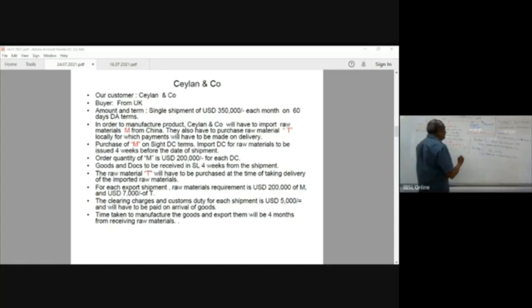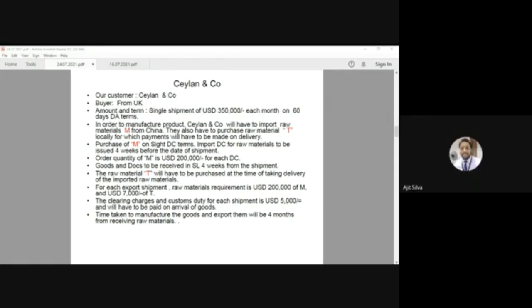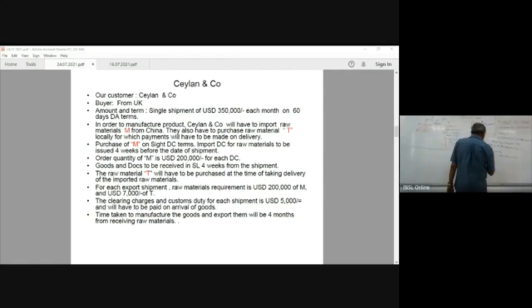Right? Then facility 5: export bill purchasing, discounted. Very good. Export bill purchase facility.